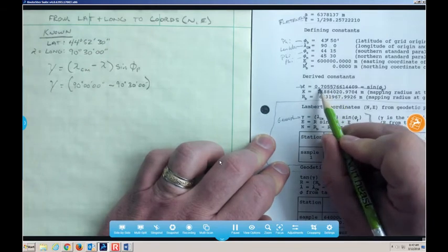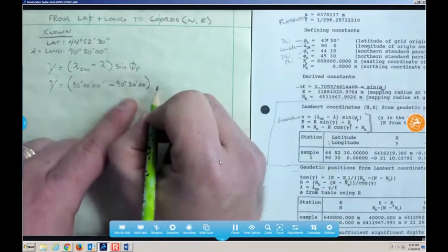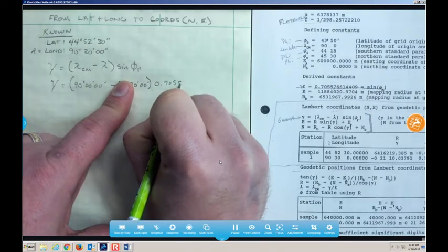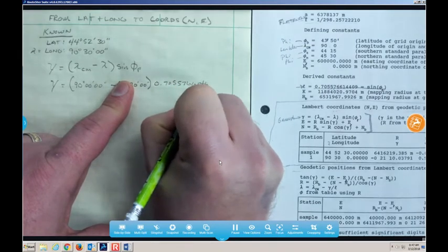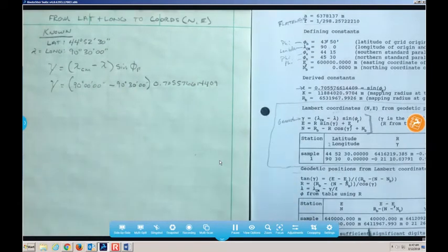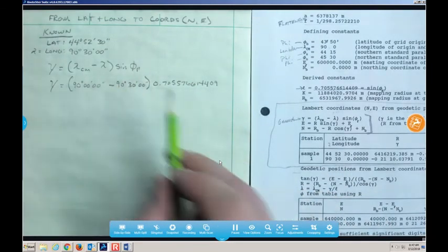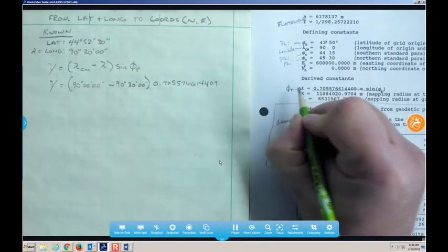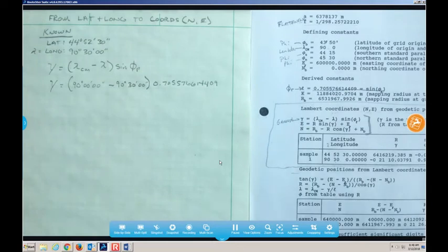The sine of phi r is 0.705576614409. That big long number. They give that to us here. This will be the case on every one of these problems you do. These variables will be different for different coordinate projections, but these items don't change for the central zone projection.